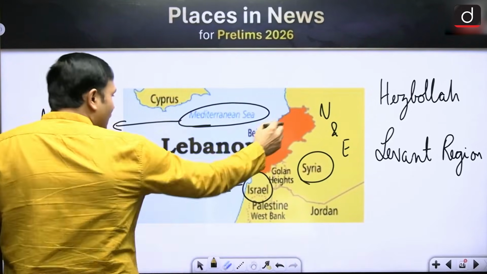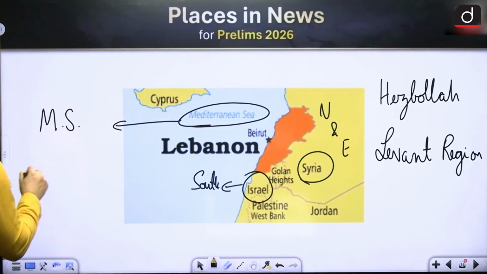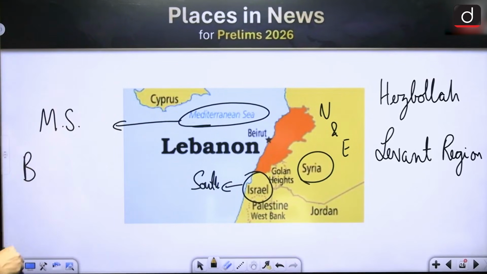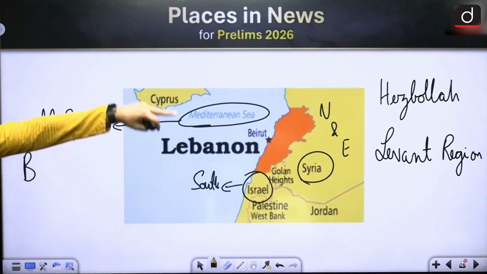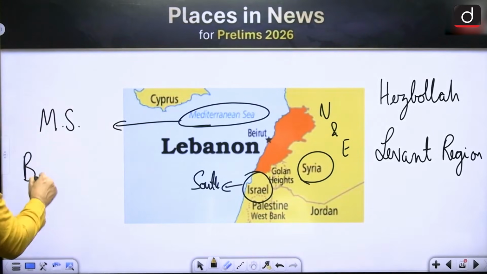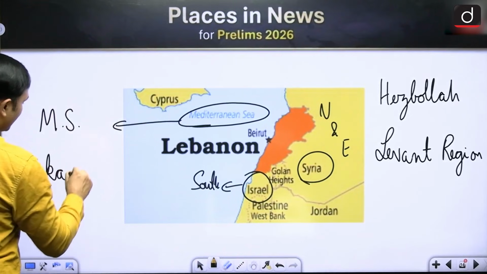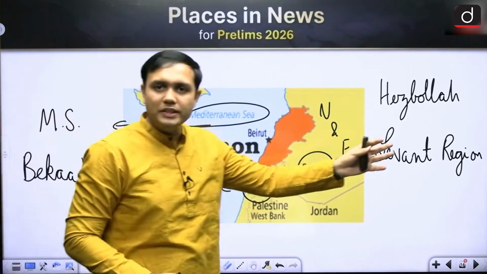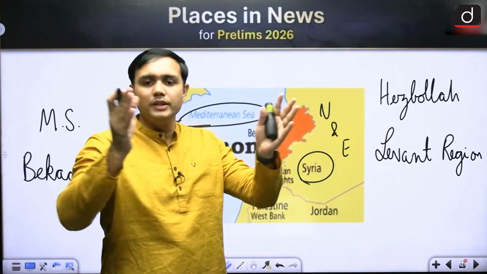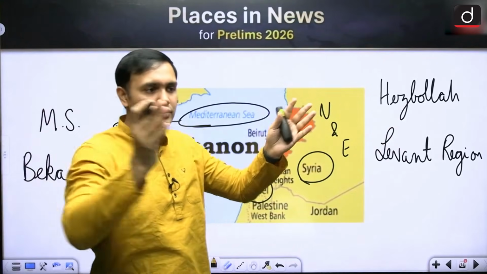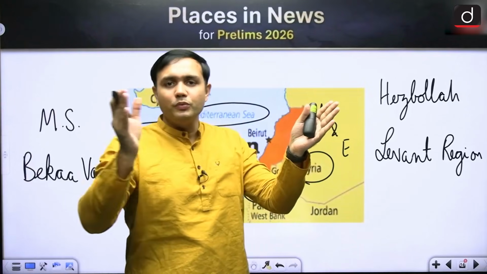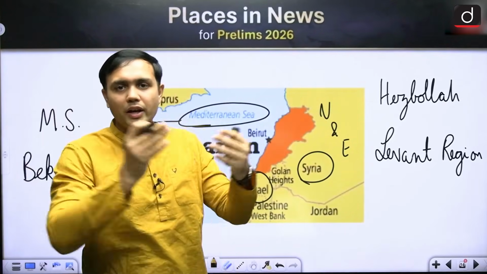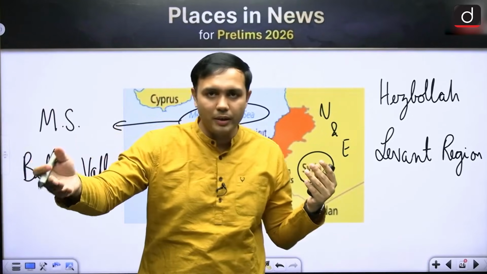Next, in Lebanon only, you will find the Rift Valley's extension called Bekaa Valley. You remember, this was part of the East African Rift Valley, because of which there is an opening happening, and because of which there is the Red Sea, and a separation going on between Africa and the Arabian Peninsula.